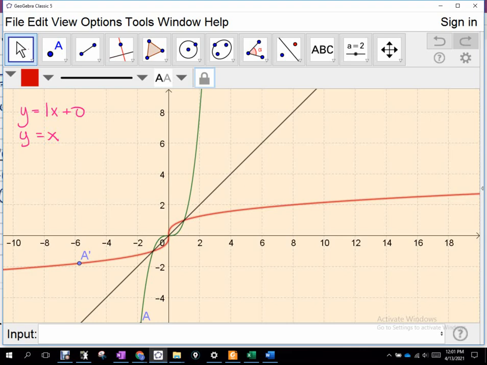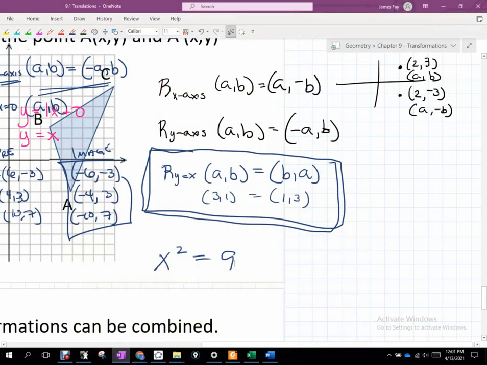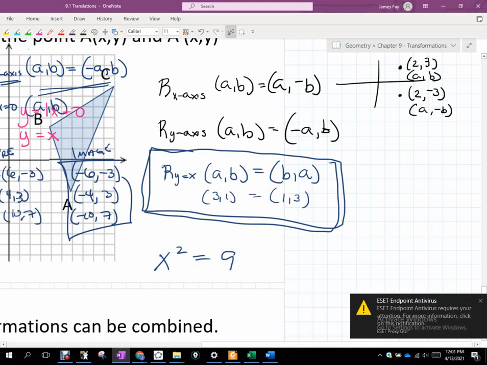You always have to use the inverse relationships to solve equations. Those inverse relationships are reflections across the line y equals x. So any function that has an inverse, any function that can be undone by something else, will be a reflection across the line y equals x.